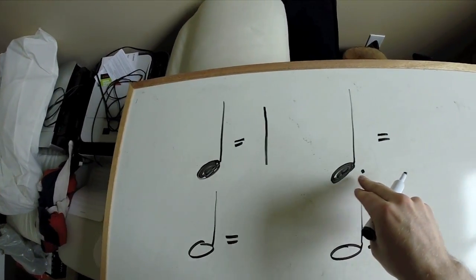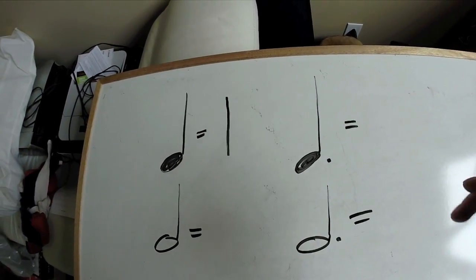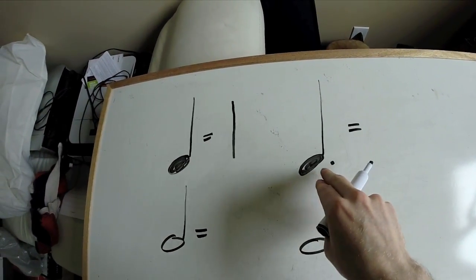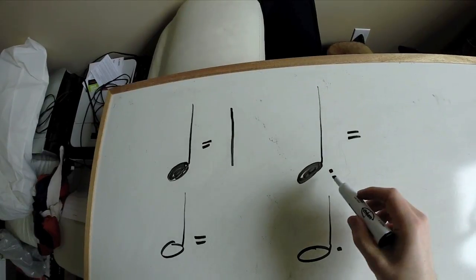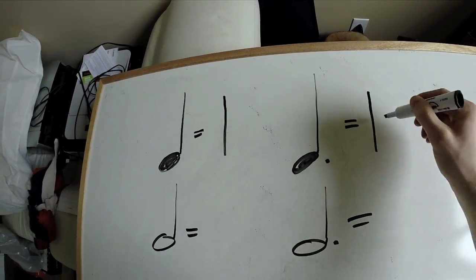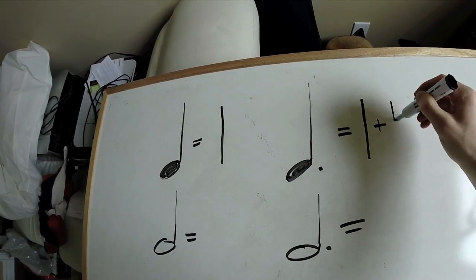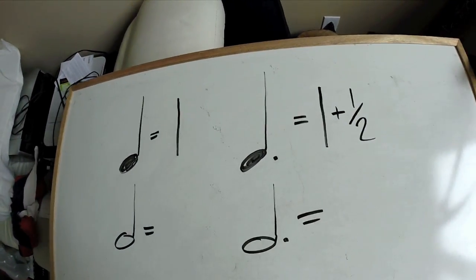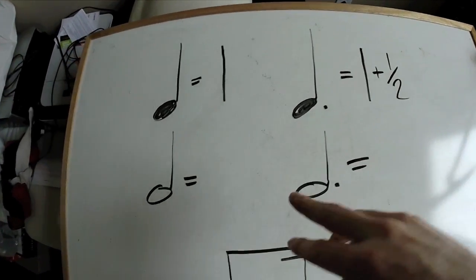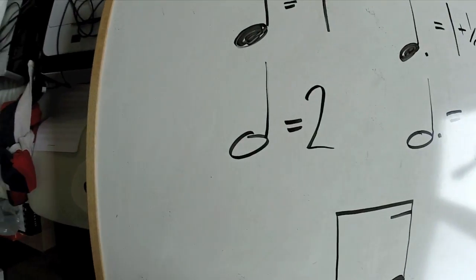Now a dotted quarter note, that's how you'd call it. You wouldn't say a quarter note with a dot. You'd call it a dotted quarter note. That equals 1 plus half of whatever this is. So it equals 1.5. Now the second one, we have a half note, so you know that gets 2 beats.